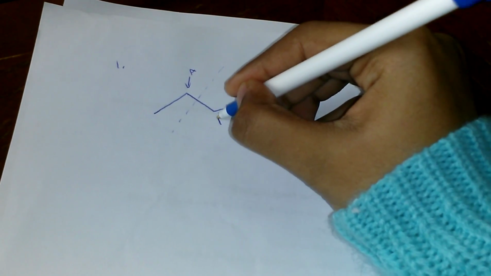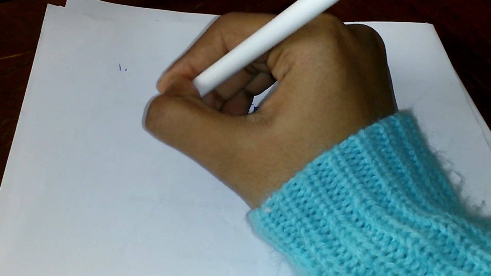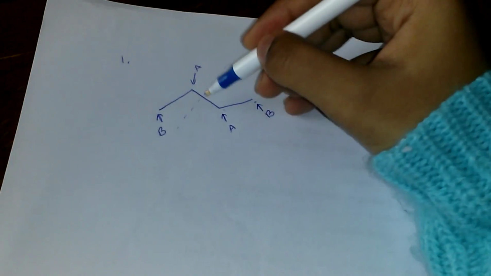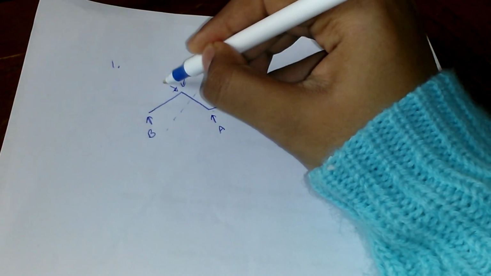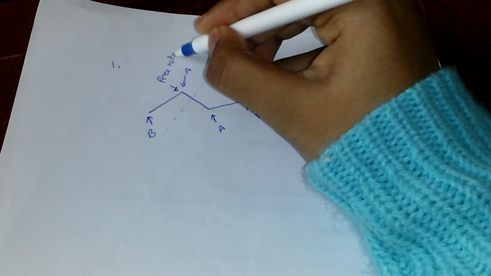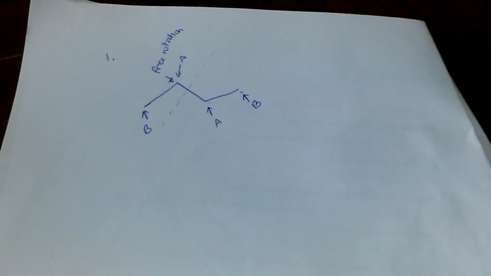So you see, there's one right here, and there's another one right here, and another one right here. And what you have to notice is that this is a free rotation bond, so it might not look like it's symmetrical, but it actually is, because it can rotate.